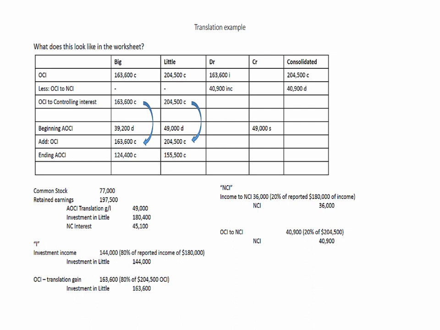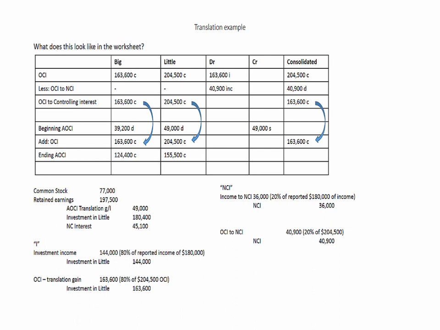So working across OCI, we eliminate the parent's other comprehensive income, leaving us with the overall other comprehensive income of $204,500. We allocate away the portion that accrues to the non-controlling interest, leaving us with the $163,600 that accrues to the controlling interest.